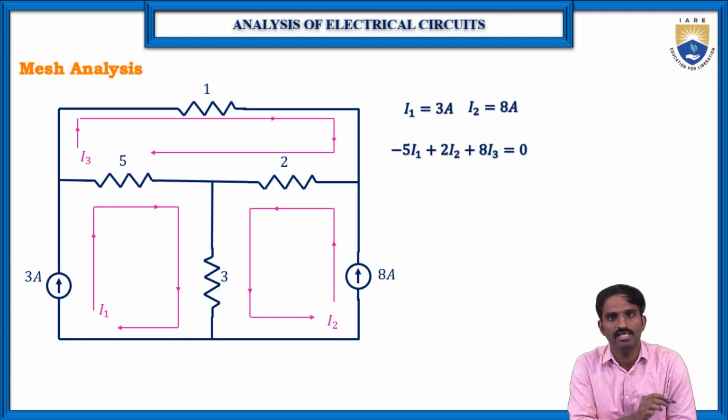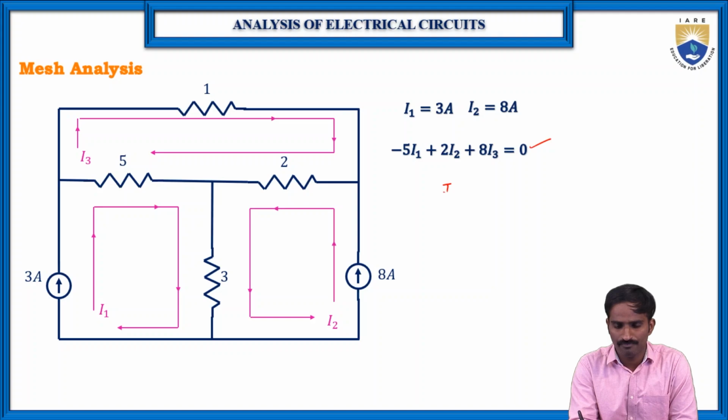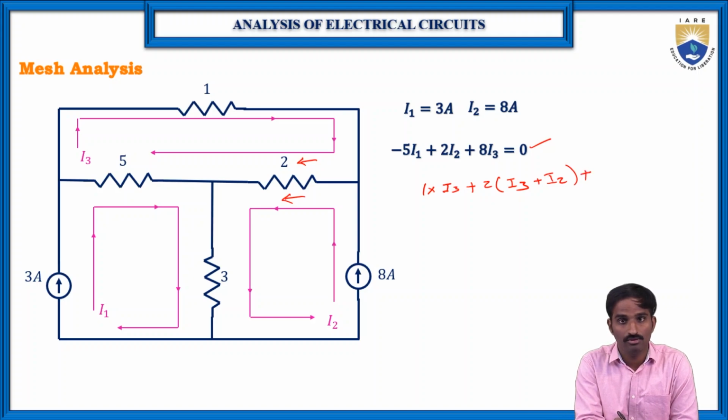For that, we need to write the equation. So what is the equation? How can we write it? Let us start from 1. So 1 into I3, plus 2 into, here I3 is the reference direction, so I3 is in this direction, and I2 is also in the same direction, so I3 plus I2, plus here at 5, the voltage across the 5 ohm resistor.